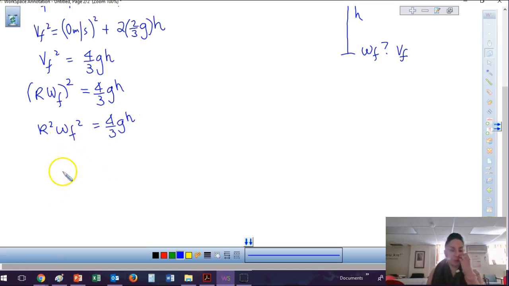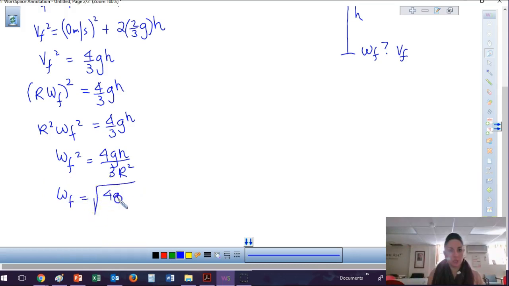Solving for omega final squared: it's 4gh over 3R squared. Then omega final is the square root of 4gh over 3R squared. Ta-da! That is our answer.